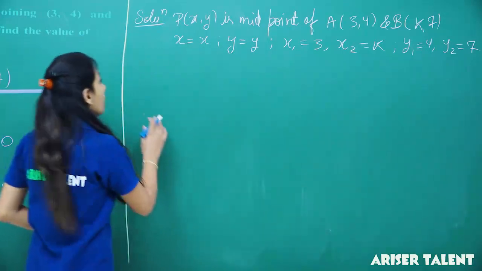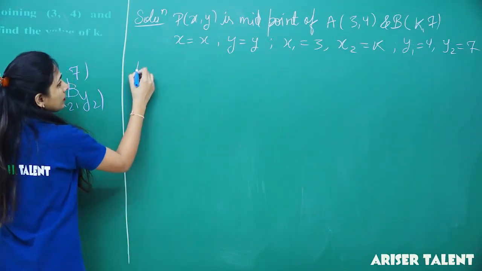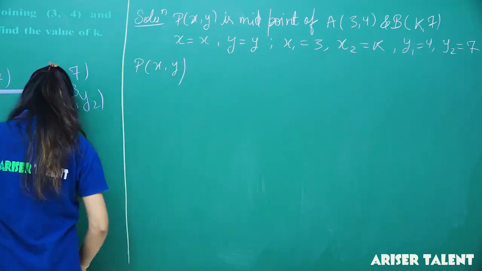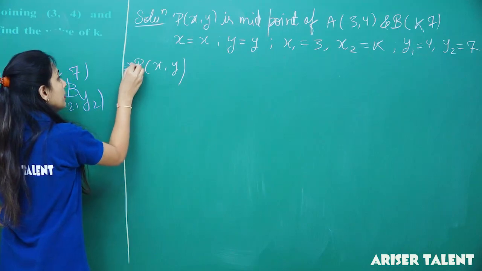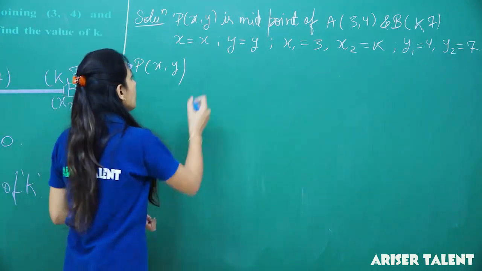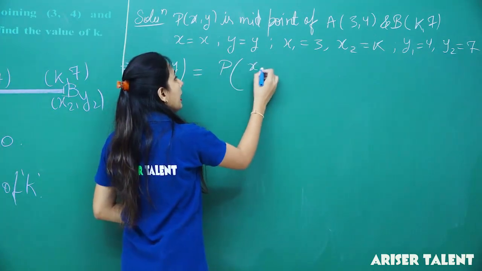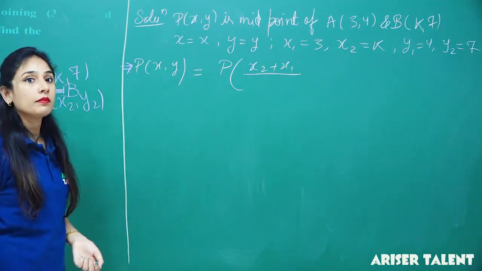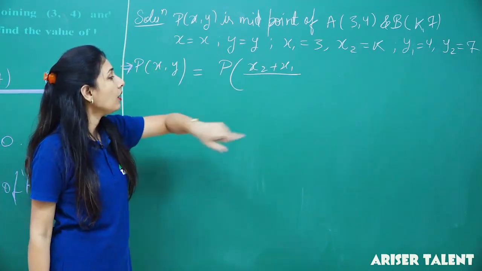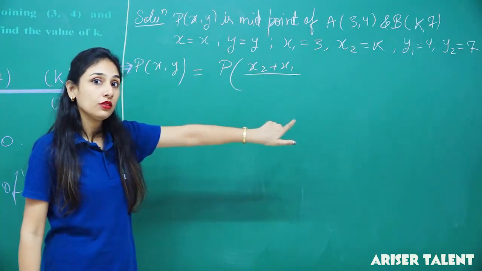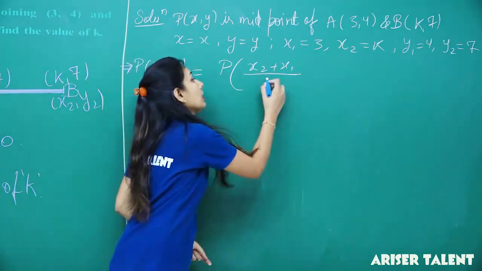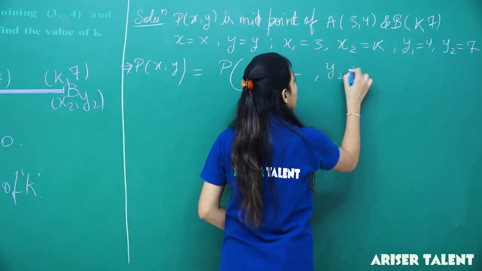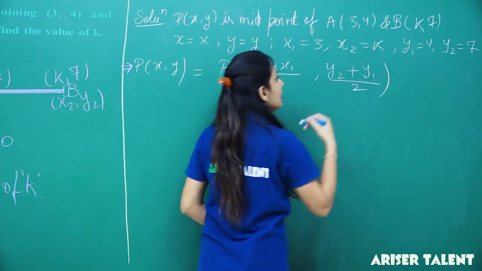Is it clear? Okay, now you have the formula. P(x, y) will be what? The ratio will be 1 by 1, so the summation will be 2. So (x2 + x1) by 2 here and (y2 + y1) by 2 here.